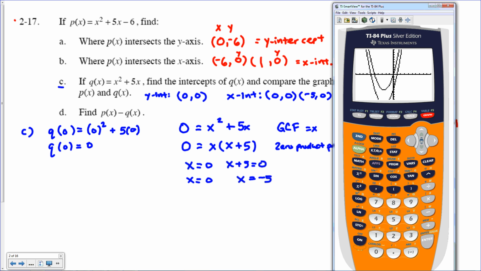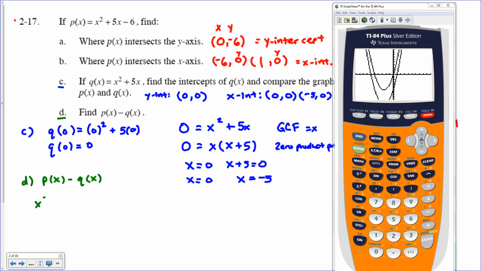The last part of this one is going to ask us to do p of x minus q of x. So let's take out these two expressions that we have. We know what p of x equals. It equals x squared plus 5x minus 6.